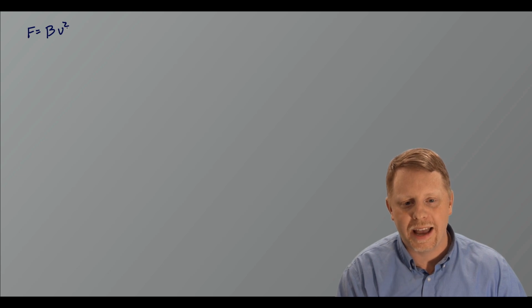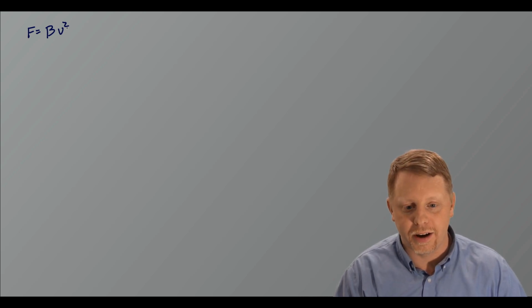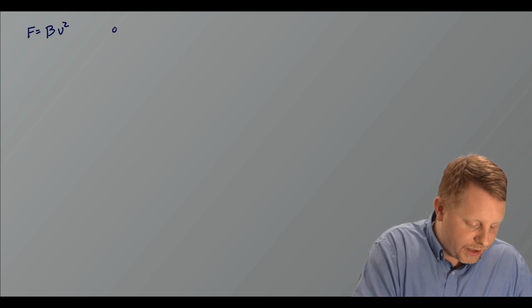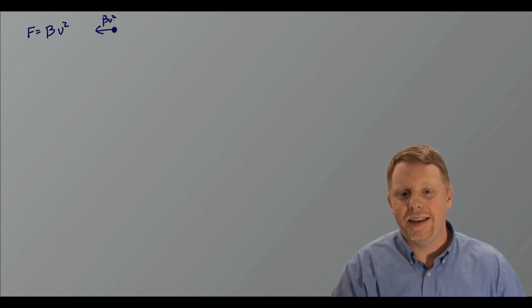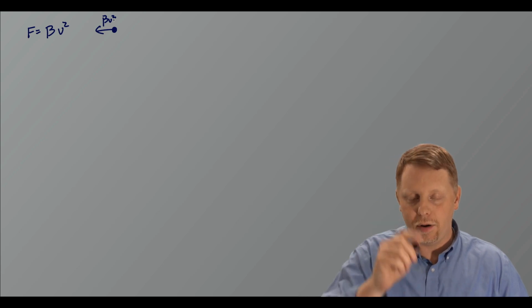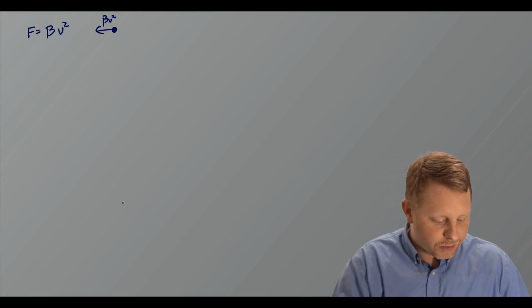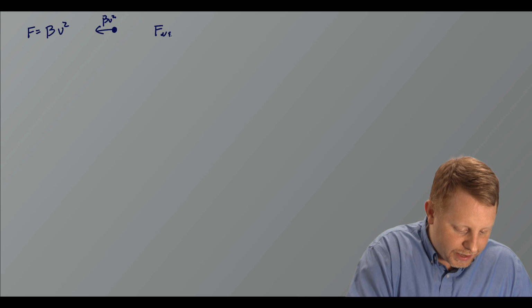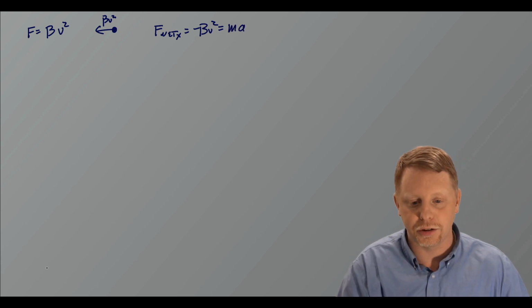Okay, once we have that, we're asked to write a differential equation for the speed of the block on that surface in terms of our general variables and fundamental physical constants. Now, the free body diagram: we've got our block, and we have beta v squared, our resistive force. Up and down, we know those are going to be equal. It's not going to go accelerating up off of the surface or down through it, so we don't have to worry about the y direction for now. So I would write Newton's second law, F net in the x direction, which is minus beta v squared, must be equal to the mass of our block times its acceleration in the x direction.